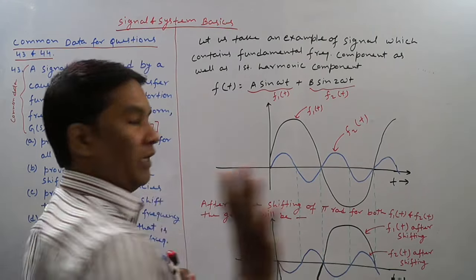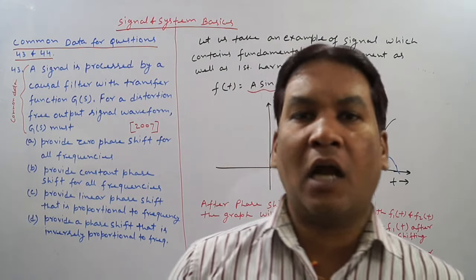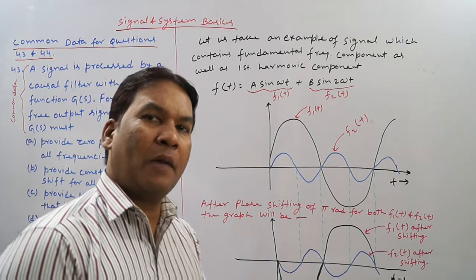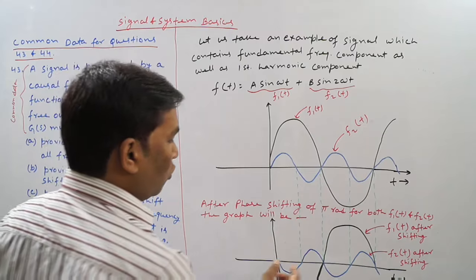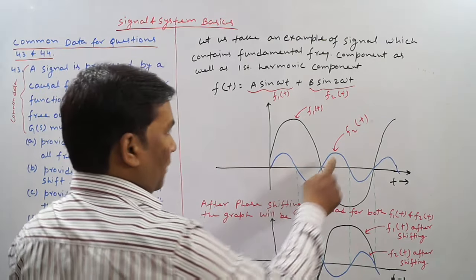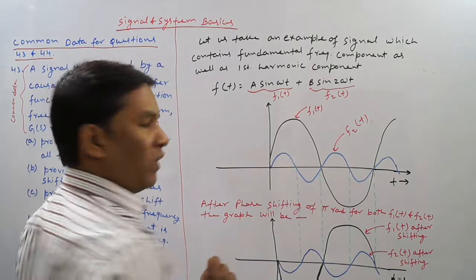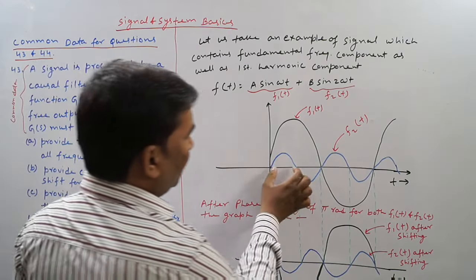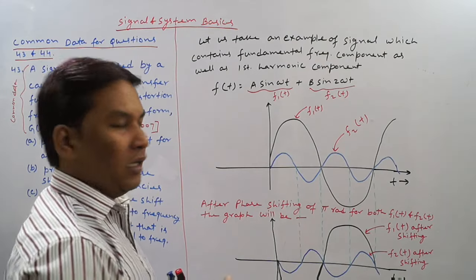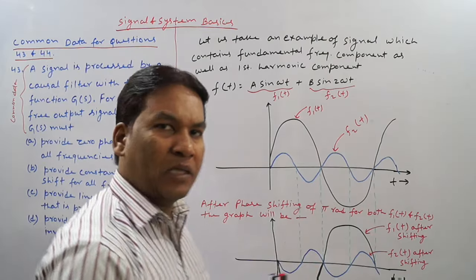Then we can say our graph has shifted and our graph is the same. Our graph is distortionless. So to shift this part here, F2t must be shifted not by pi, but by 2 pi. So if we shift F2t by 2 pi, then the graph will be the same as the previous one.